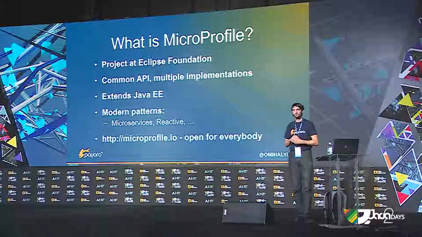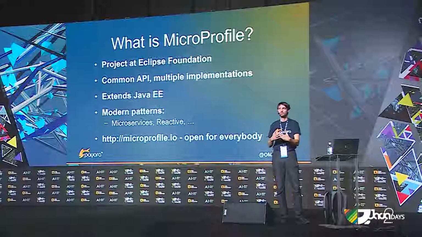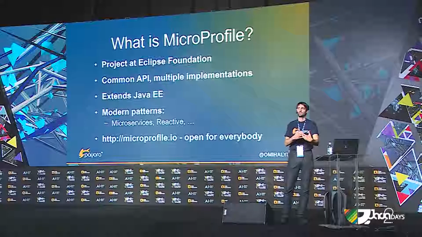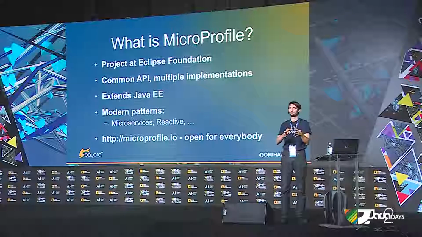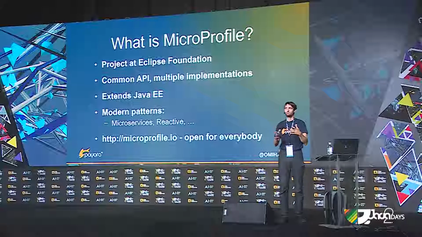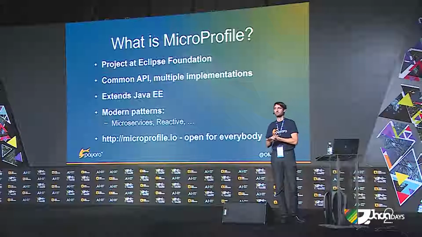And we work together to bring a unified set of API for everybody to use, but without being stuck with one vendor, one implementation, and you can choose what fits you well. And the focus is on modern technology.